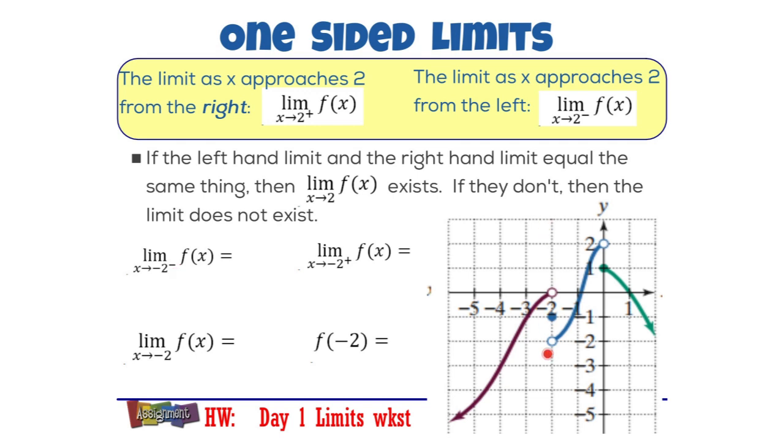So here's -2. If I was approaching this function, I'd be on this red function here, and I'm approaching only from the left. And as I approach an x value of -2 from the left, what is our y value right here? 0. Okay, so on this one, the limit would equal 0.